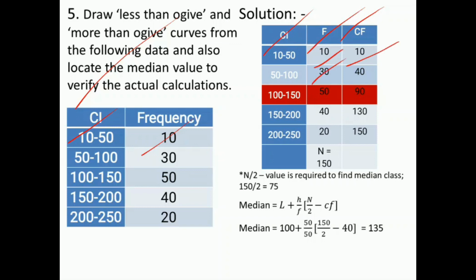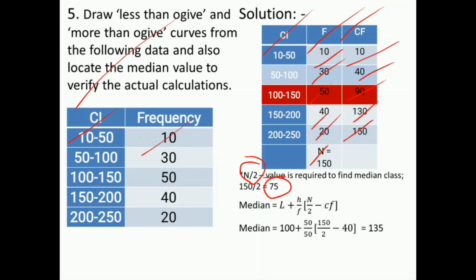10 plus 30 is 40, 40 plus 50 is 90, 90 plus 40 is 130, 130 plus 20 is 150. N is 150; these two values will always be the same. The total of the frequency values is 150. In order to find the median, the first step is to find N by 2. N is 150, divided by 2 is 75.